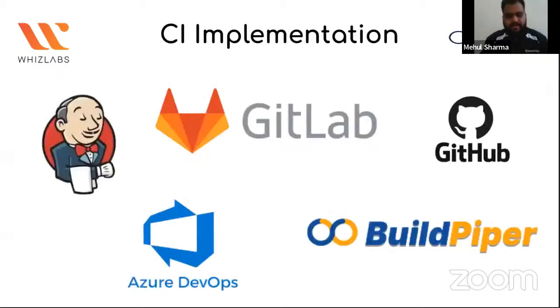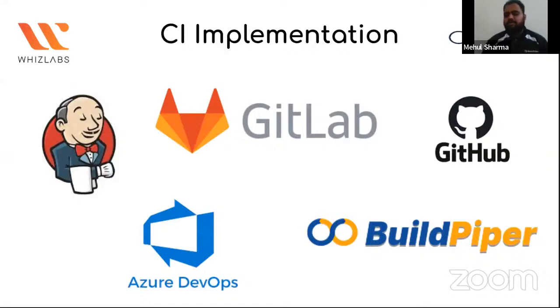Next, if we are implementing the CI, we will definitely be using some kind of platform, right? When it comes to platforms, we have a lot of examples. You must have heard about Jenkins, GitLab CI, GitHub Actions, Azure DevOps.